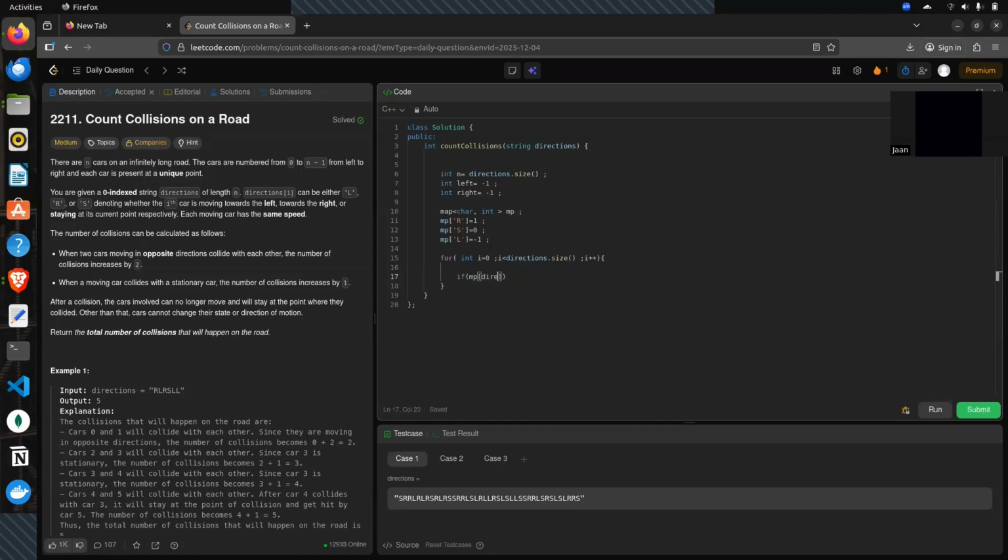So if MP of directions of i is not equal to -1, it means that the car is either stationary or moving to the right.